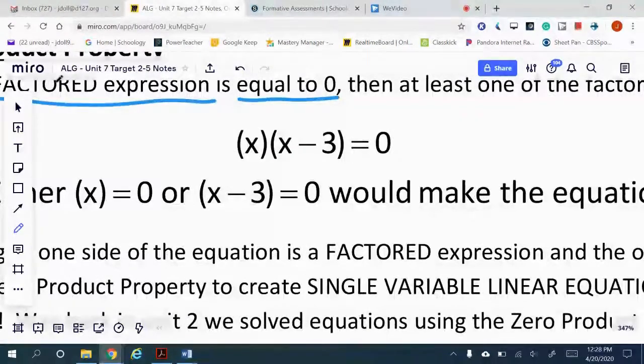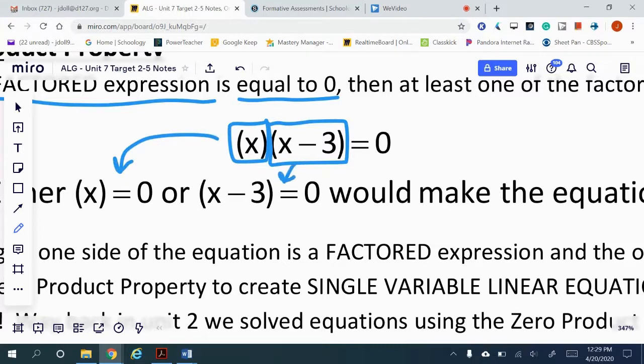So if we have a situation like this, an equation where we have two factors, my first factor is x, and my second factor is x minus 3. Notice this is a fully factored expression, and it is equal to zero, what we need for the zero product property. Well, what can we conclude about these factors? Either this first factor is equal to zero, or this second factor is equal to zero. Now, they can't be equal to zero at the same time because they're different factors.